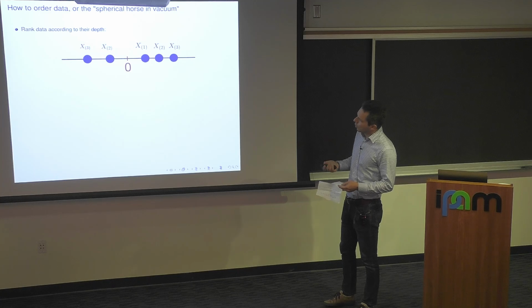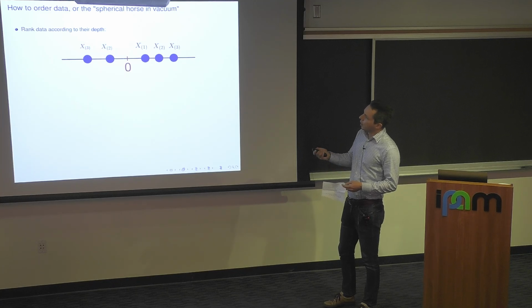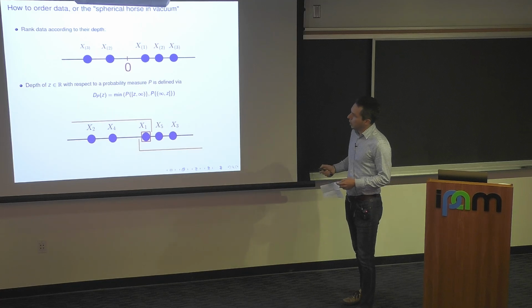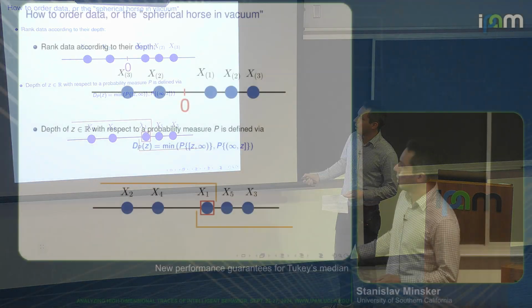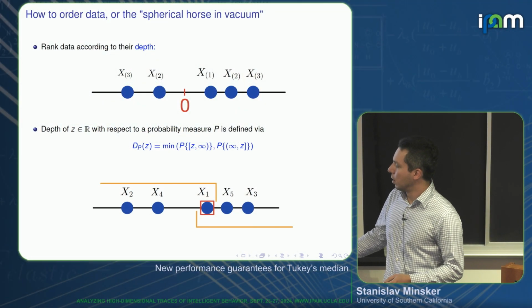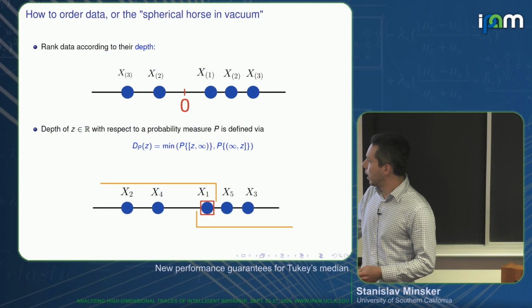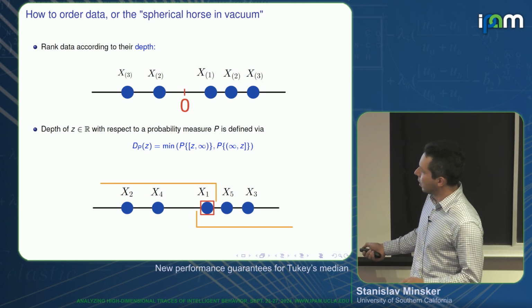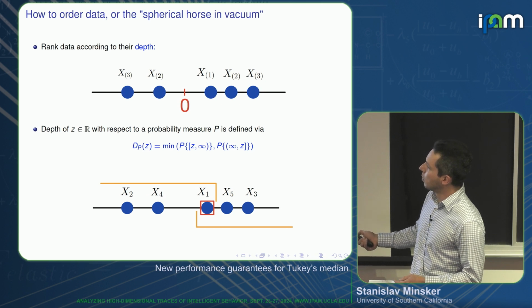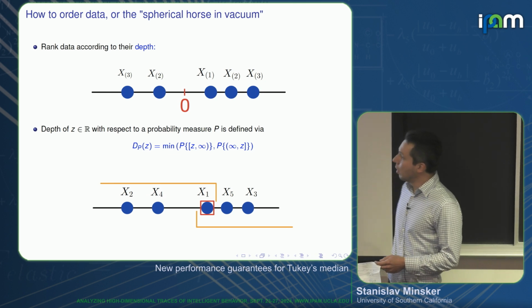So, what is the formal definition of depth, and why does the ordering on this picture look like this? Well, to compute the depth of a point, we have to take the left half line that contains this point and the right half line that contains this point, and take the minimum of the measure of these two half lines.